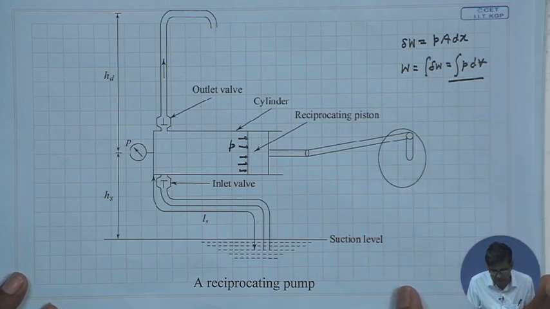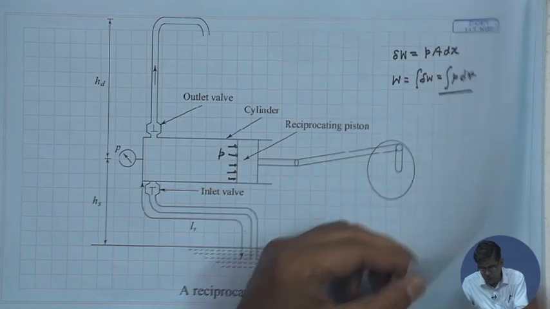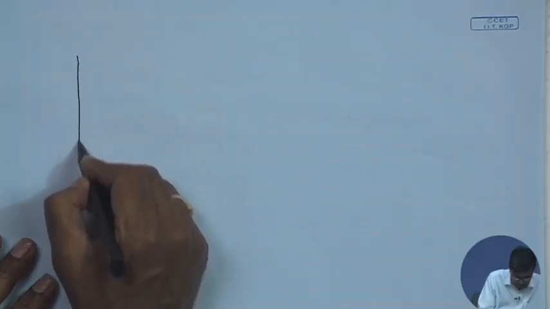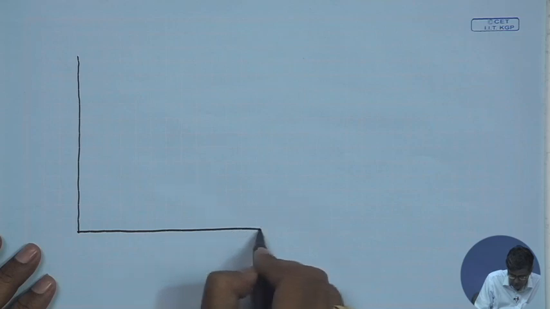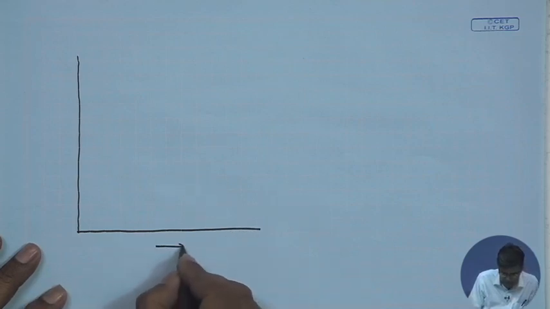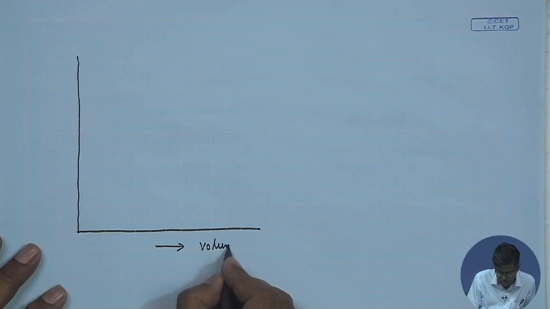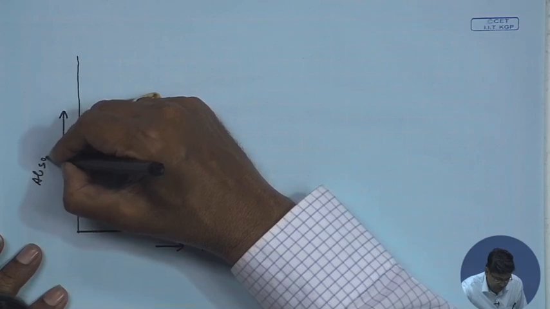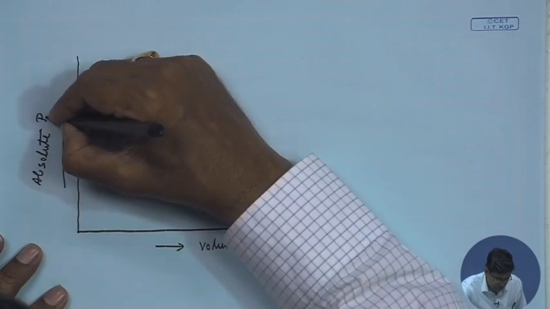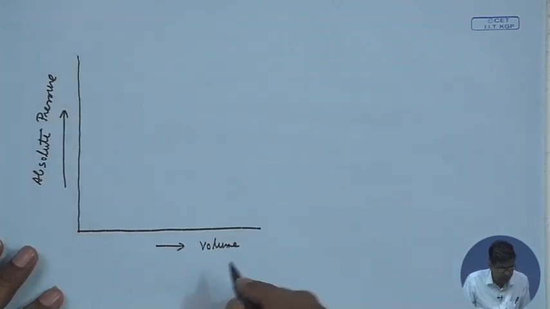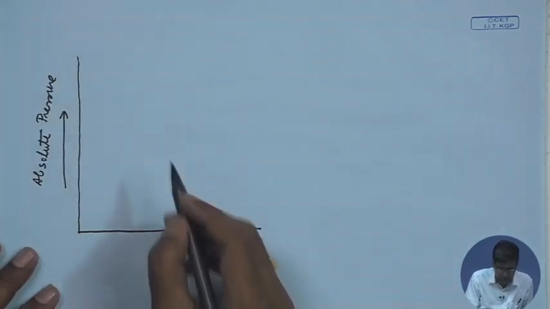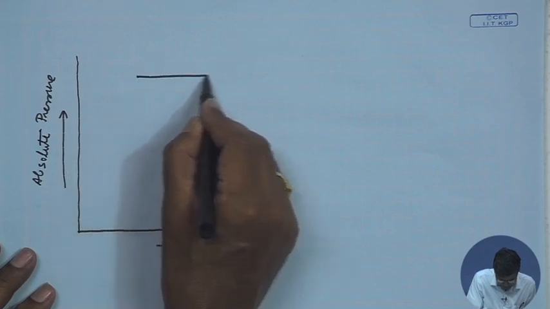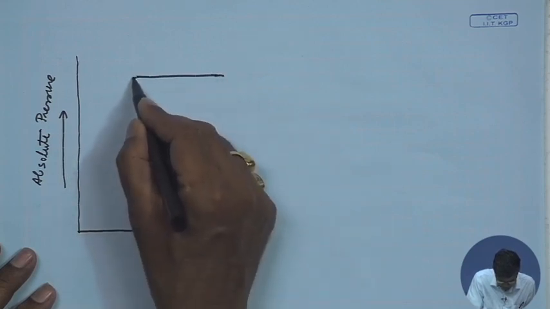So with this in mind, if we now try to draw a pressure-volume diagram for this cylinder, with volume on this side and the absolute pressure on this side, then we get a diagram like this. Let me first draw, then I will explain it to you.